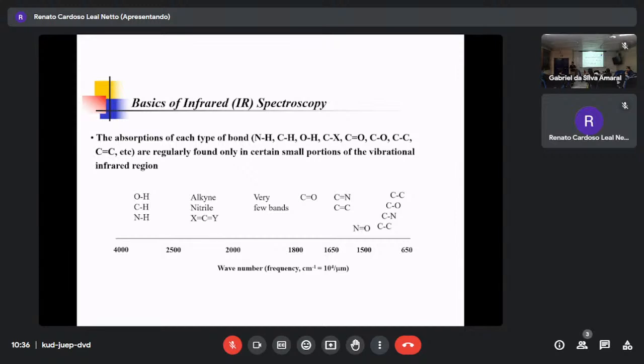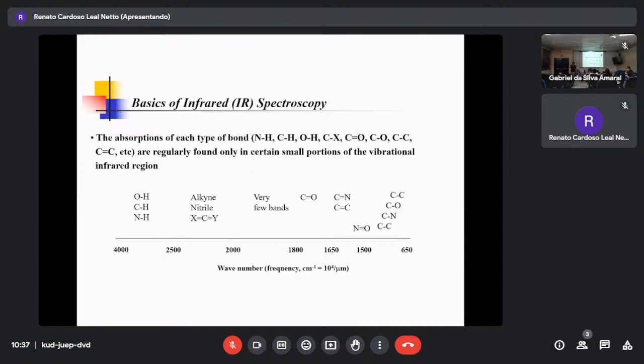So big bands, then medium bands, and small bands. In this case, OH is a big band around 3,500, and this one is very important. And this one is very important: the double bond or ketone group, 1,600 plus or minus 100, depending on the situation. If it is conjugated, it is shifted a little bit. These two pieces of information we use for structural elucidation, for chemical identification.